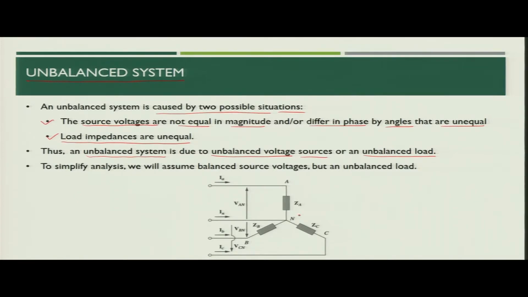To simplify the analysis, in this session we will assume that the source is balanced, meaning the voltage magnitudes as well as angles are as per a balanced source, but the load is unbalanced. It means that the load impedances Z A, Z B, Z C are not the same.